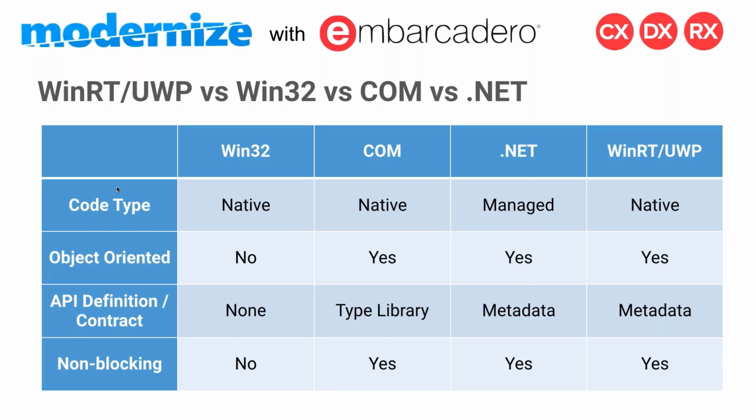The original Windows 32 API had no official definition or contract. So nothing was defined on the API itself. You always had to refer to the original documentation, but there was nothing provided by the API themselves. In COM, you might remember we had the type library, which is a registry maintained by the system, by Windows, where you have registered the interfaces that COM allows you to call and to interface with other objects.